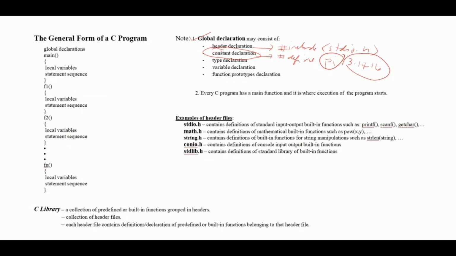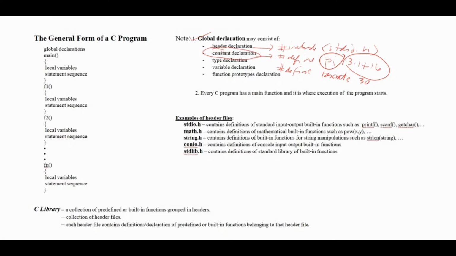Say for example we want to define another constant, so we would say #define, say the constant name is TAX_RATE, so that's one word, and then the tax rate is say 30.